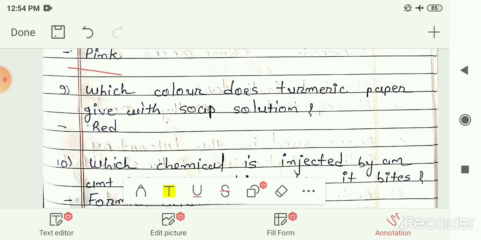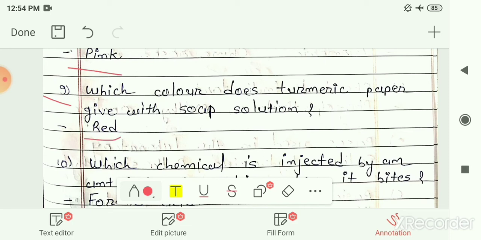Next, 9th number. Which color does turmeric paper give with soap solution? So here your answer is red. Soap solution is basic in nature, and turmeric paper as an indicator turns basic solution red. Next, 10th number.